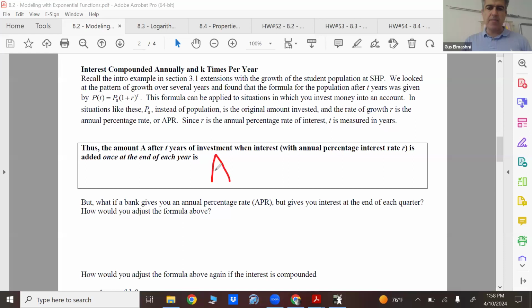Sometimes we say A equals P, and actually in general, let me back up a little bit here. P stands for principal, which is your initial amount.